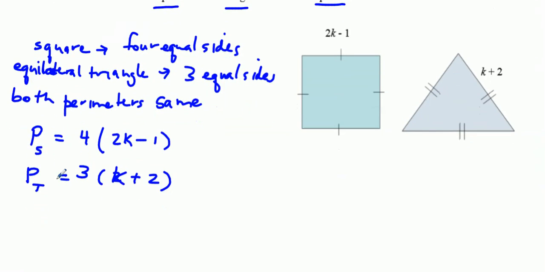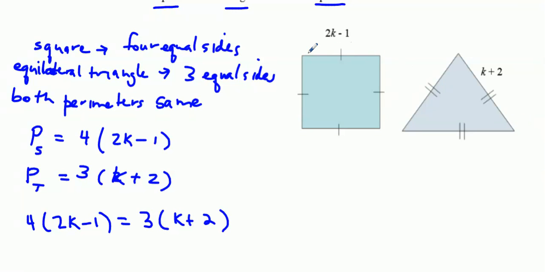Well, I know that they're equal because it tells me that both perimeters are the same, which means that I can say that 4 times 2k minus 1, which represents the perimeter of the square, is equal to 3 times k plus 2, which is the perimeter of the triangle. 2k minus 1 is not equal to k plus 2, okay?